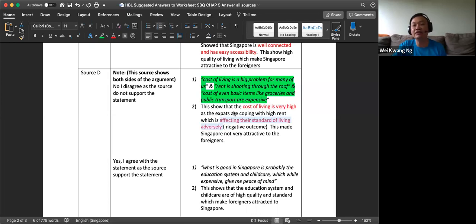So that means that they cannot live very well. So therefore, it is not attractive. Okay, so this shows that the source does not support the statement. Therefore, I disagree.